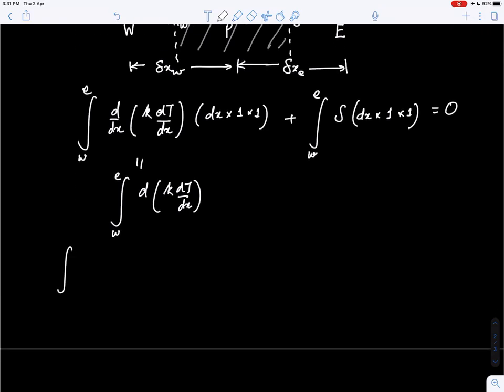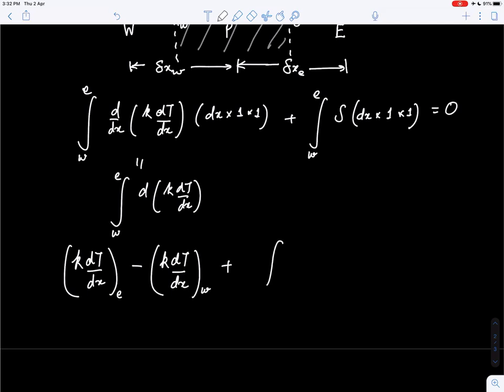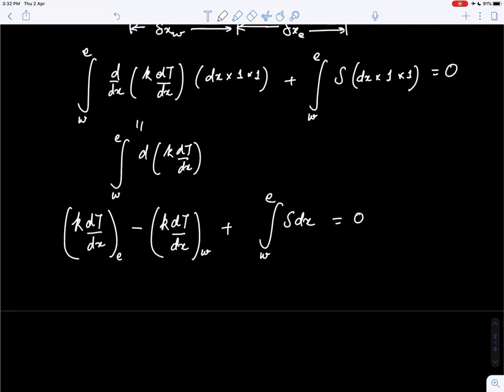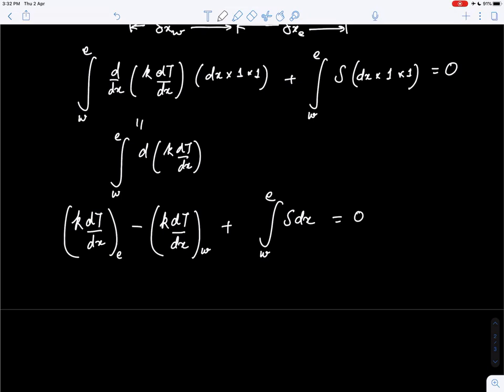So what we'll get is k dT/dx at the east face minus k dT/dx at the west face, plus the integral of s dx between the west and east faces, is 0. This is essentially the integral form of the conservation equation.